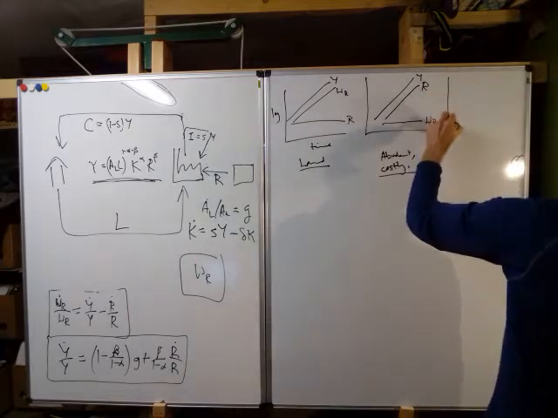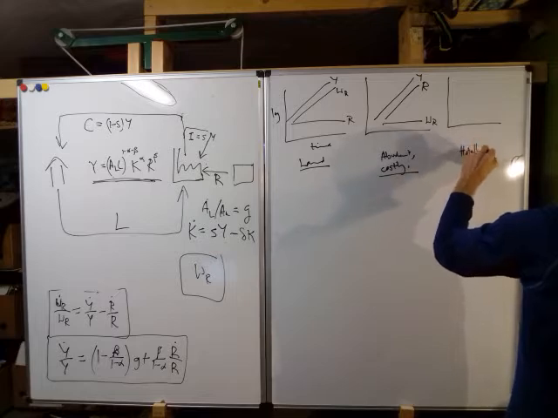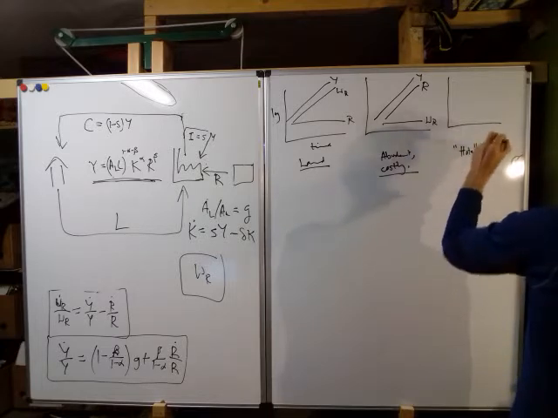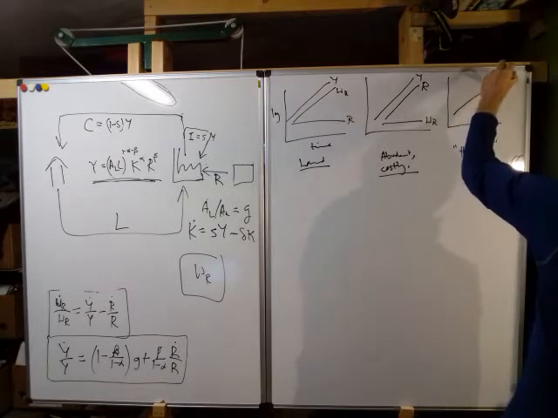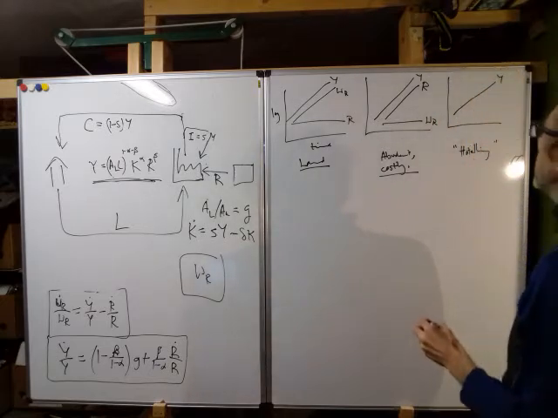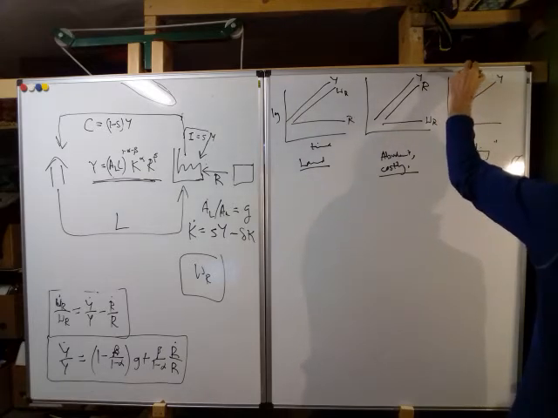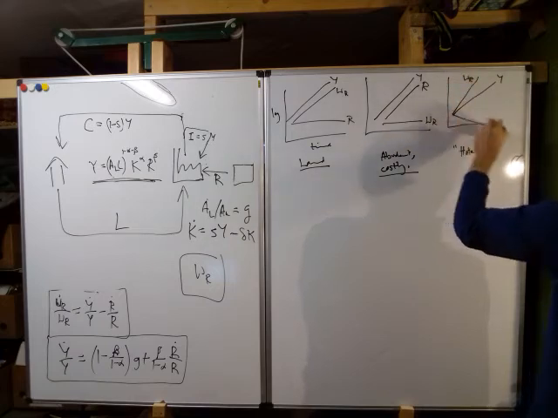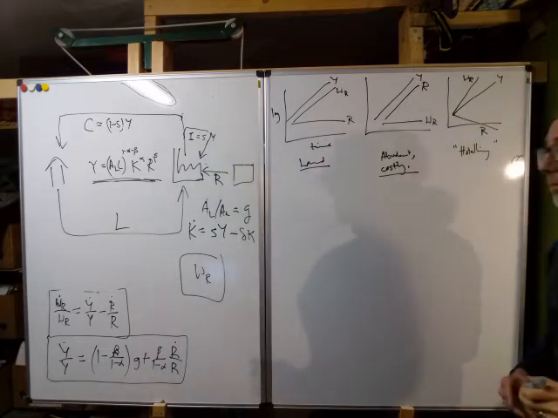And the Hotelling model, if you like, the third one, what did that show? That shows a slower growth in Y, a very steep rise in resource prices, and a decline on a log scale in resource use.